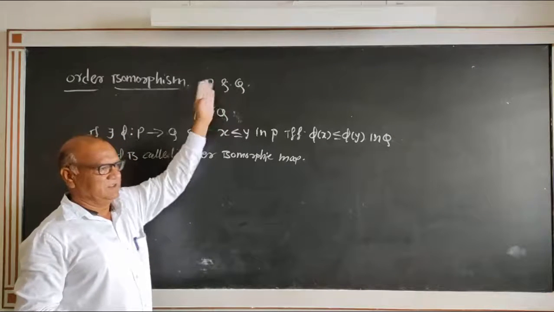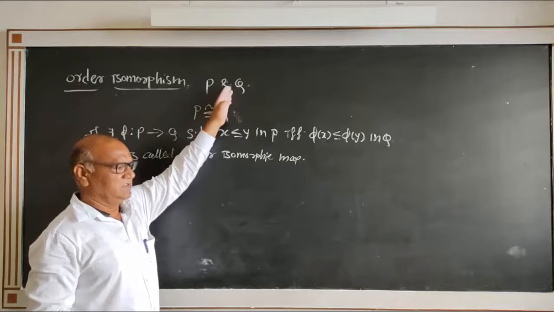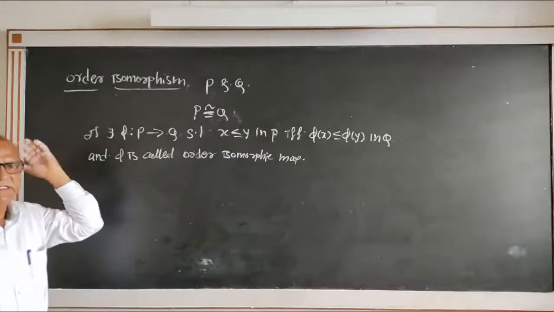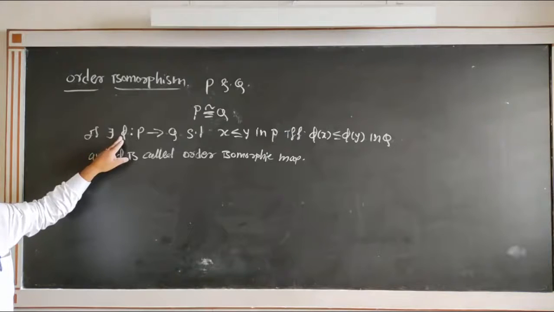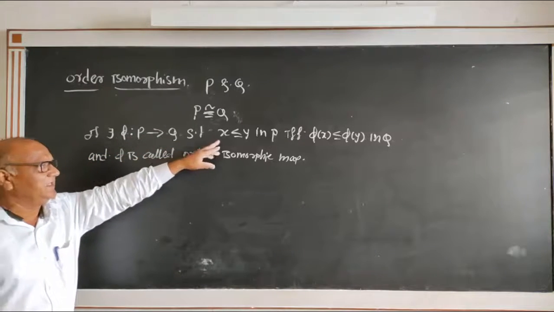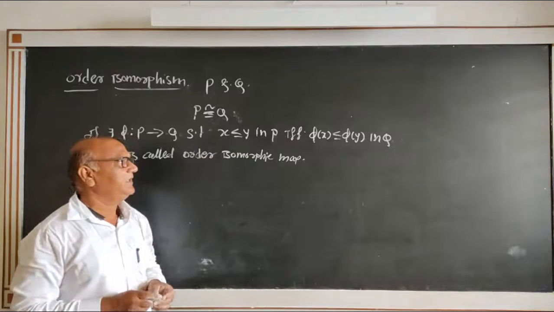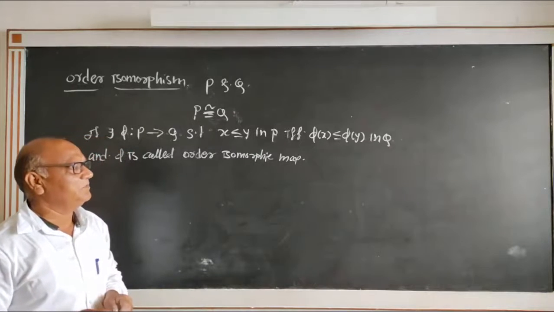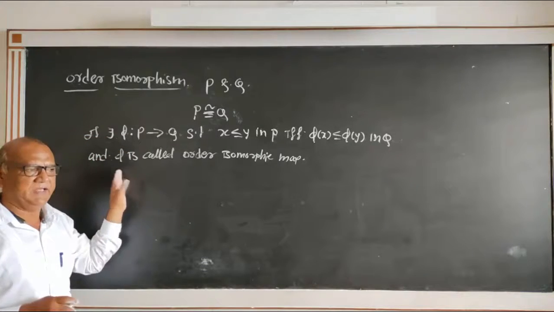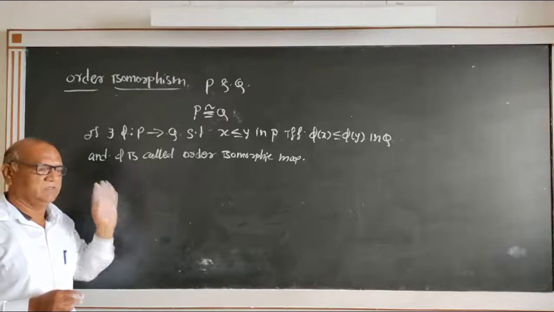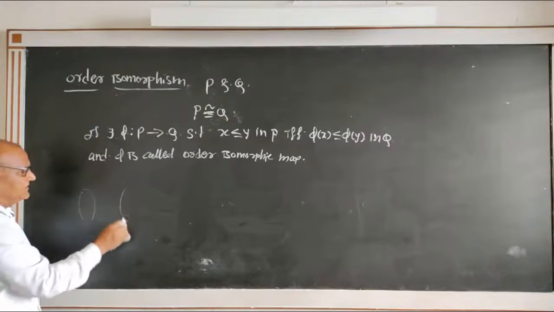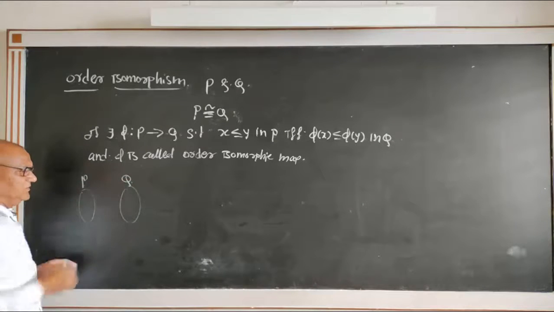These two partial order sets are said to be isomorphic, and we write P isomorphic to Q, if there exists a map phi from P to Q such that x related to y in P if and only if phi of x related to phi of y in Q, and this map phi is called an order isomorphic map. That means, this is P, this is Q.